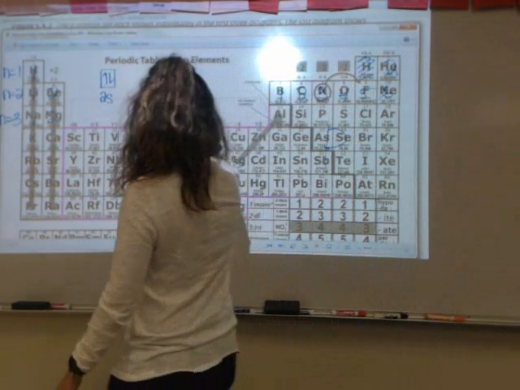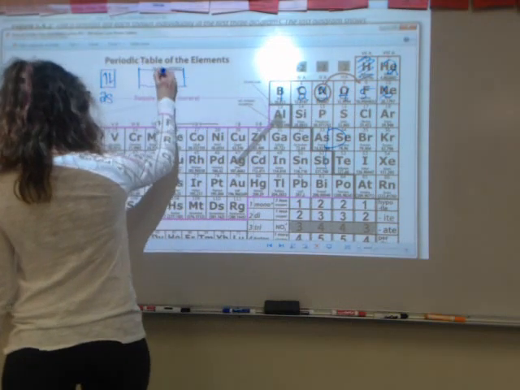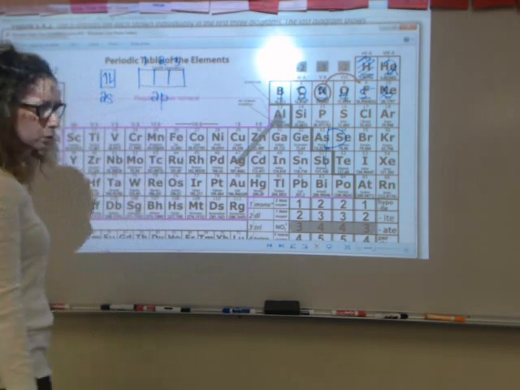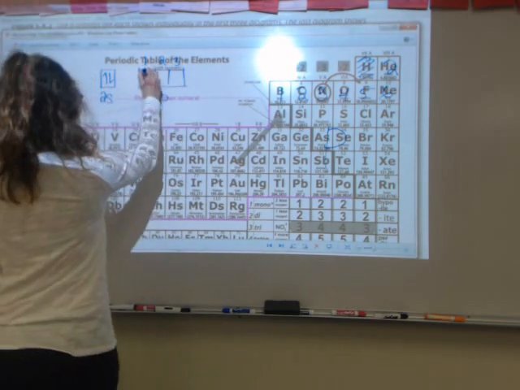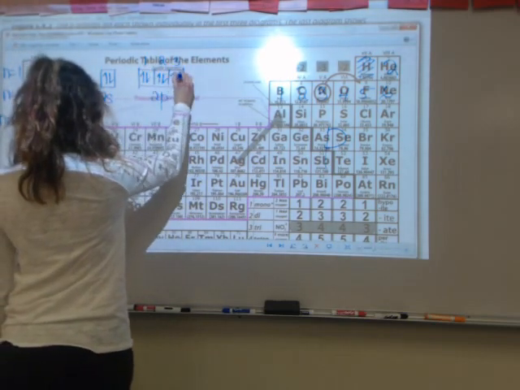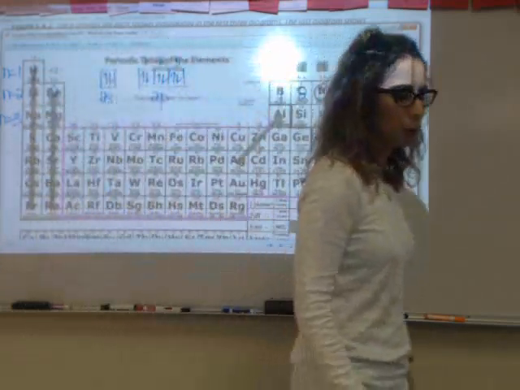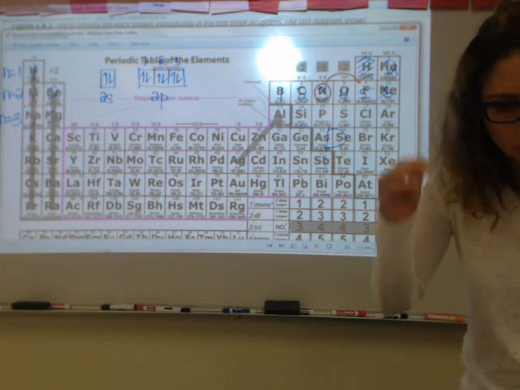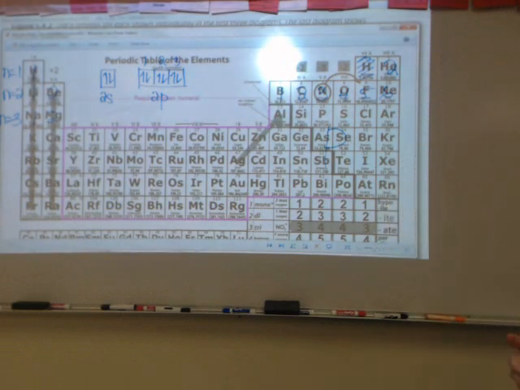Here for the p's, I have 1, 2, 3 orbitals. I can put a maximum of 6 electrons total in all 3, but you can only put 2 electrons in each orbital, okay? So that's where this concept of how do I figure out how many orbitals I have.